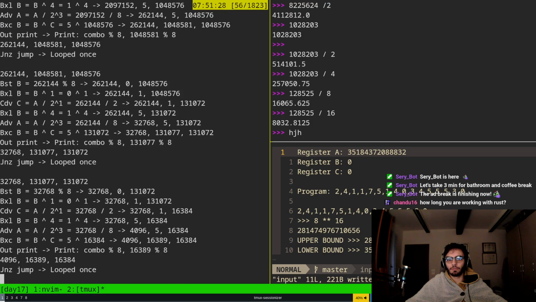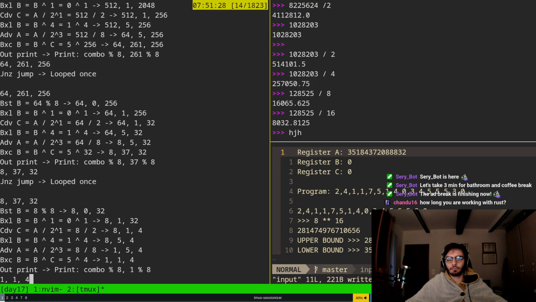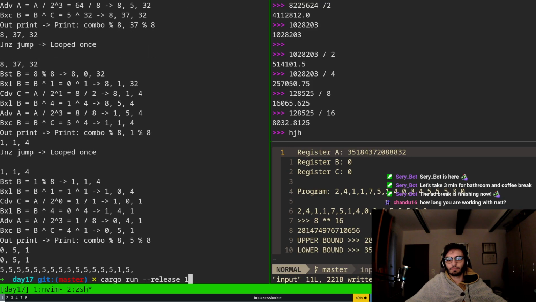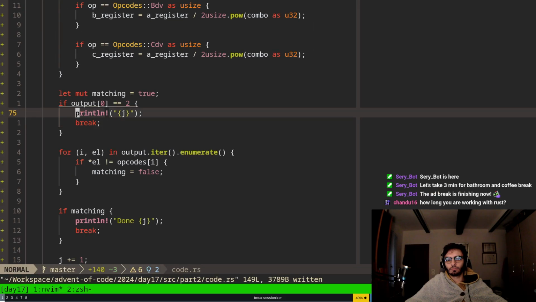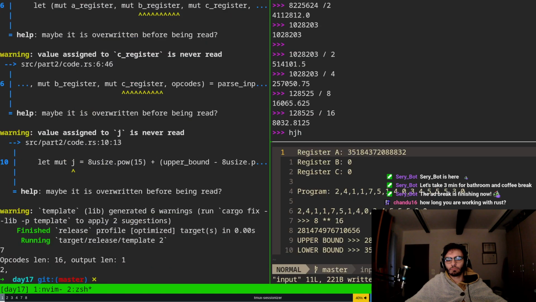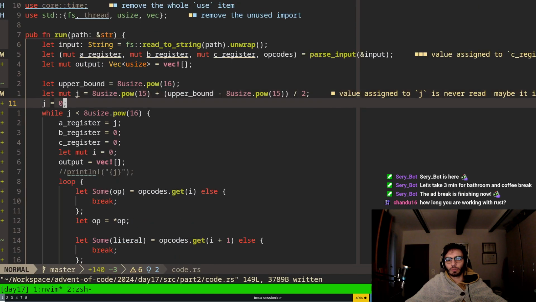So I can filter out a little bit of stuff. It was the starting point. No, not 0.